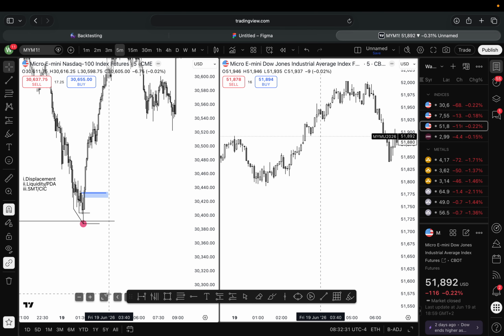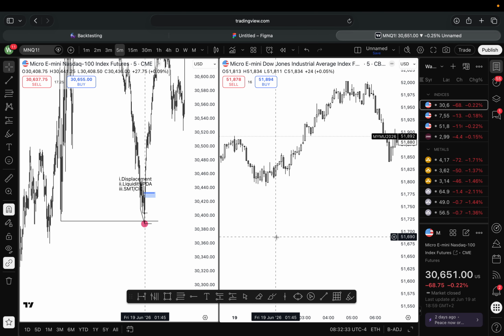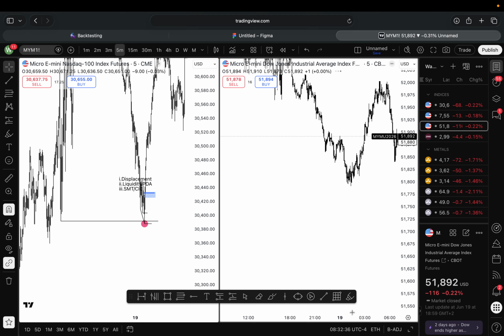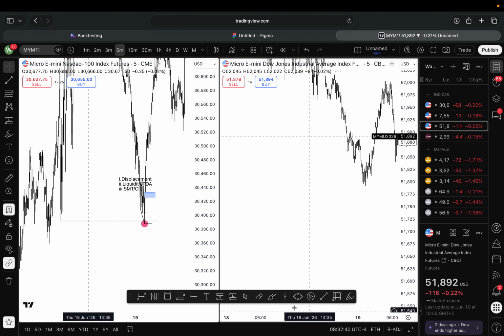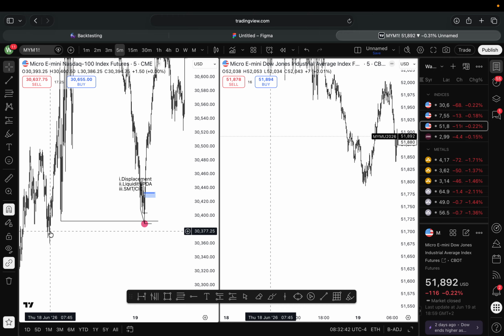Okay, so there's no SMT by the sell stops, which is fine, but there is SMT over here, right?